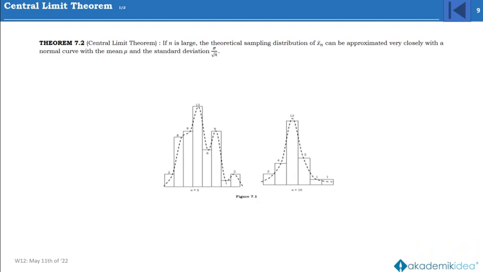Since the n which we used in our example was relatively small, equal to 5, let us add that Theorem 7.2 applies also when n is small, provided that the distribution of the population can be approximated closely with a normal curve.